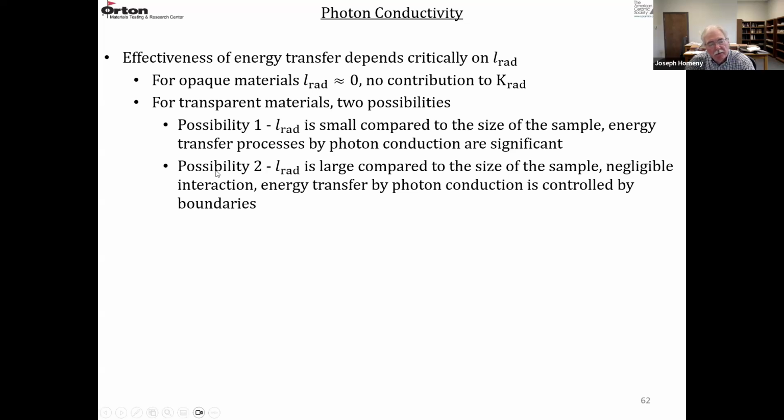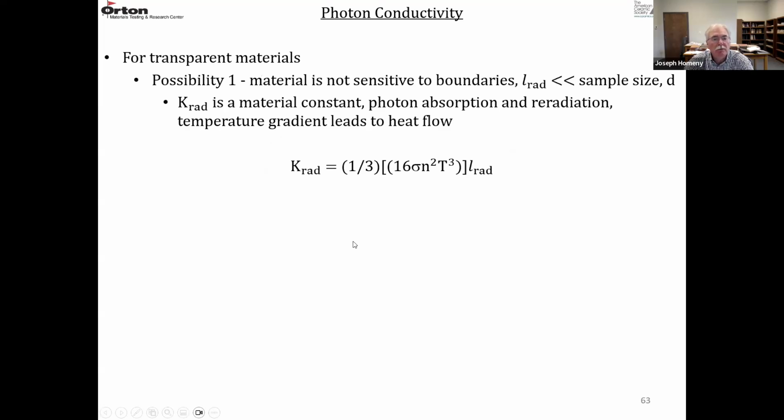In the second possibility, if the radiation mean free path is large compared to the size of the sample, the radiation just passes through the sample. There's very little interaction, and any energy transfer that takes place is controlled by the boundaries.